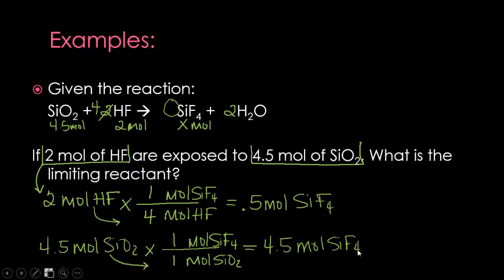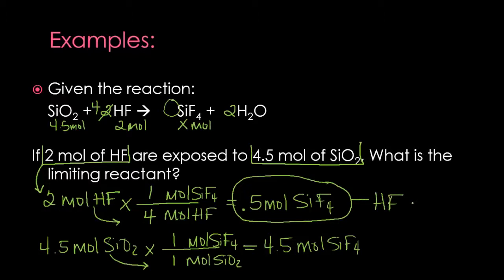So now I just need to look at the numbers, and whichever one is smaller is going to be my limiting reactant. So 0.5 moles of SiF4 is smaller, so that means HF is my LR, or limiting reactant.